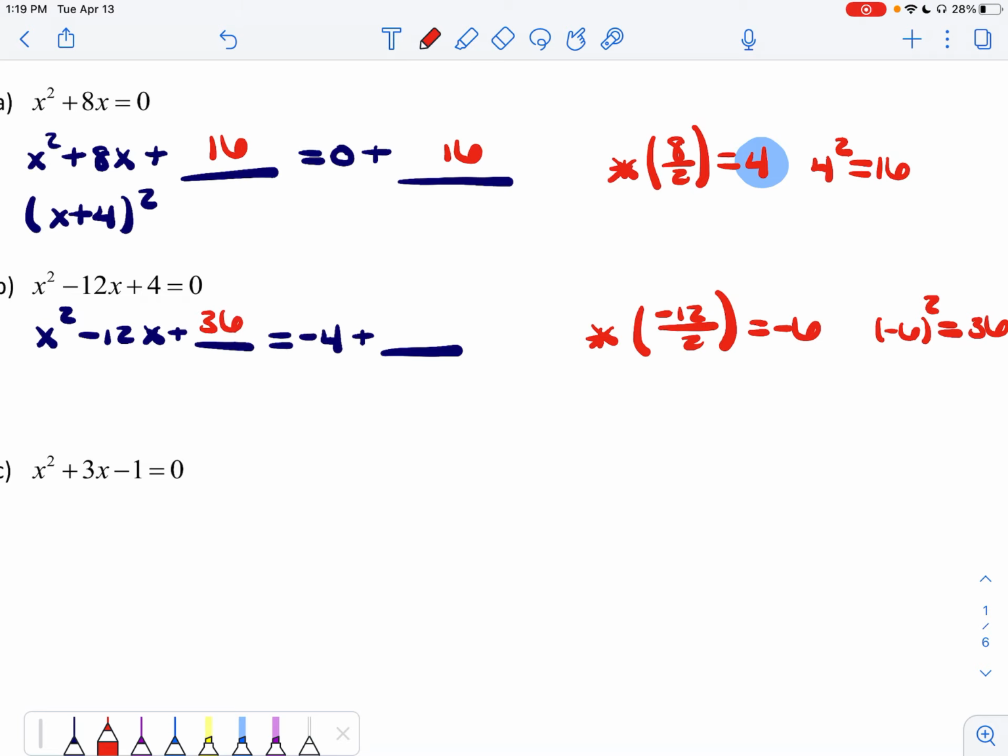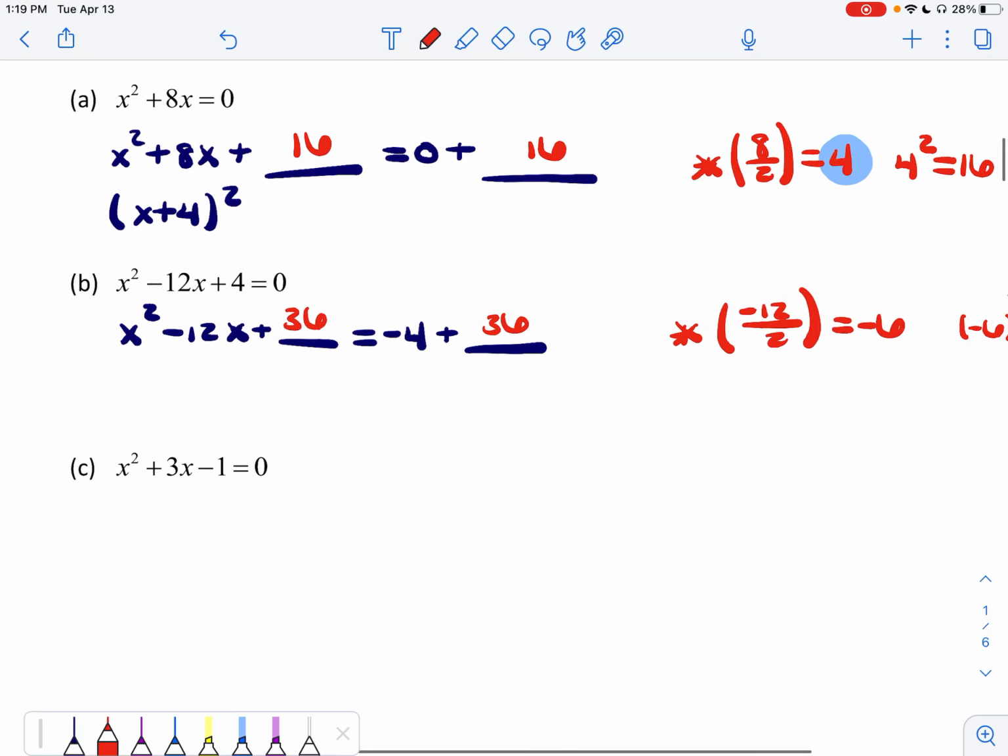So we're going to add 36 to both sides of this equation. Okay, so again, like I said before, whatever number you get after you divide b by 2, that's the number that goes in your factor. So this becomes x minus 6 quantity squared, and then that'll be equal to 32 on the right-hand side.